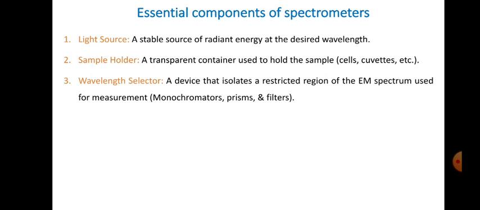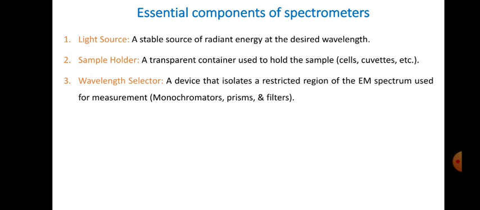Preferably we call them monochromators, right? These are the devices which isolate a restricted region of the electromagnetic spectrum used in the measurement. We know we do measurement at the lambda max of a particular compound.